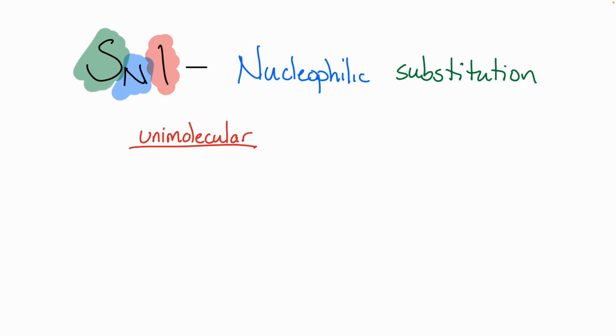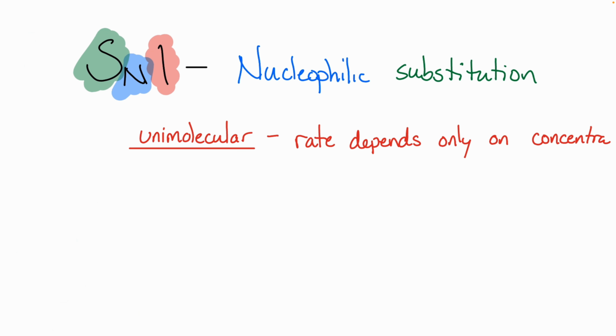In SN1, there's only one of those involved in that rate determining step. Our rate depends only on the concentration of our alkyl halide.